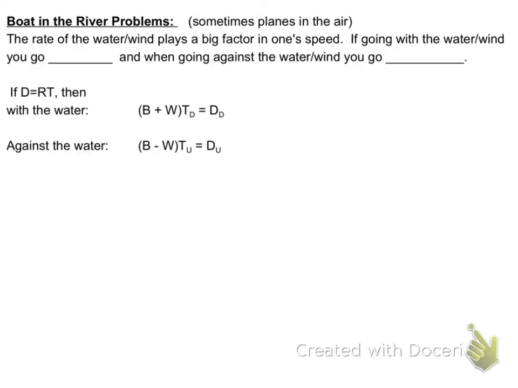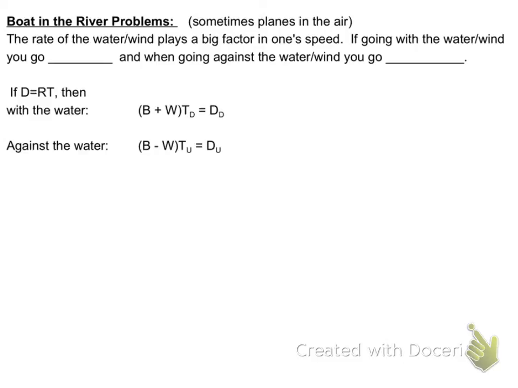So, why, when I'm going with the water or with the wind, I got B plus W, where B is the boat's speed and W is the water's speed, or airplane and wind, so forth. I'm adding them together, because when I'm going down, I'm going with. When I'm going against, I got to subtract the wind's speed from my own or from that boat or plane. Make sense?